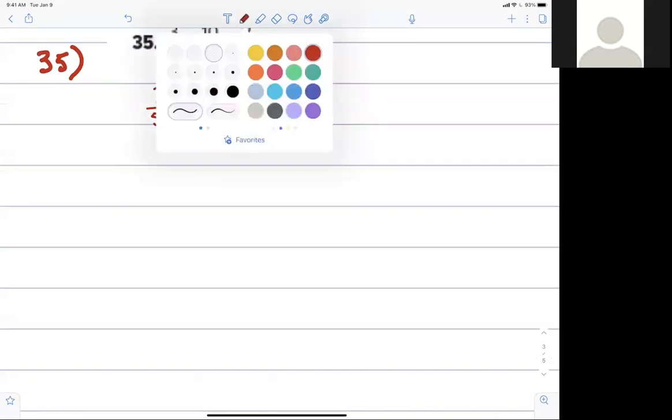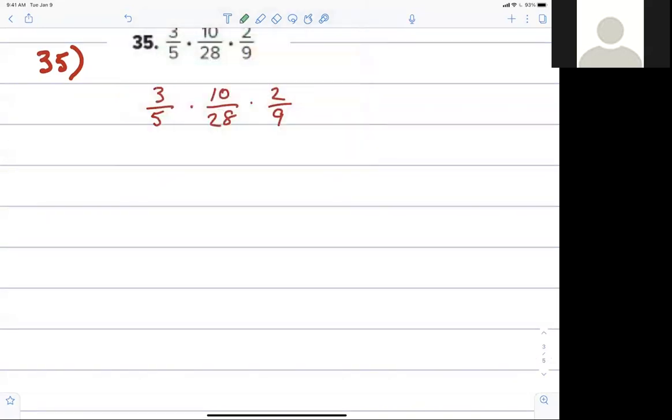Now, again, everyone is doing this. You're crossing things out exactly the way I want it. So the 3 crosses out to what? And then 9 goes to 3. Now what? 5 goes to 1. 10 goes to 2. And then 2 goes to 1.